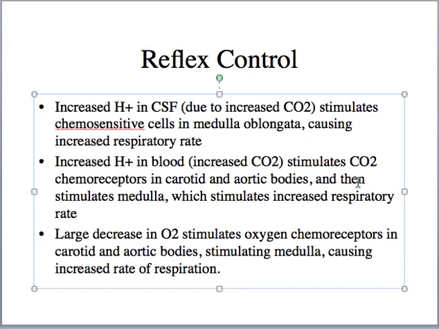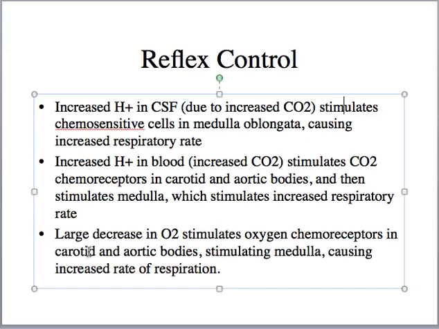And then the impulse will be carried to the medulla oblongata, and then the medulla oblongata will send an impulse that will increase your respiratory rate. That will make you breathe more rapidly and enable you to blow off your CO2.